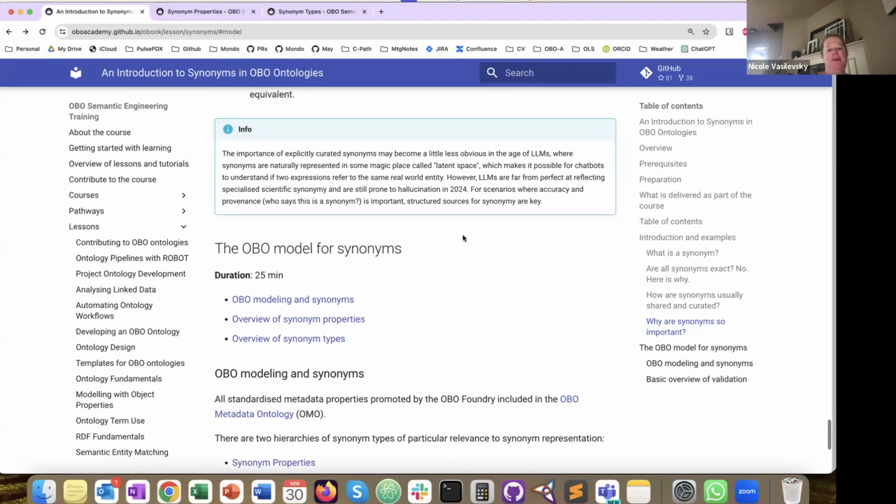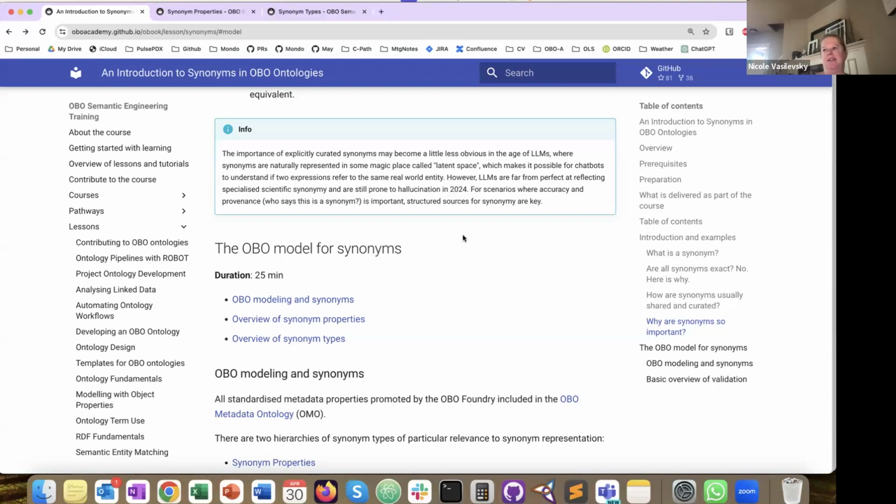So the importance of explicitly curated synonyms may be a little less obvious in the age of LLMs, where synonyms are naturally represented in some magic place called latent space, which makes it possible for chatbots to understand if two expressions refer to the same real world concept. But as we know, the LLMs are still being developed and they're far from perfect at reflecting specialized scientific synonymy.